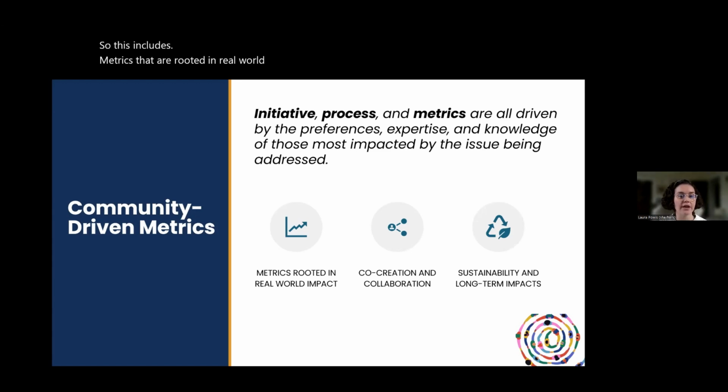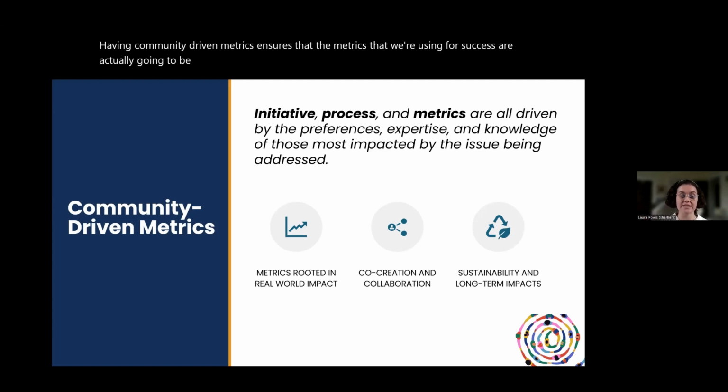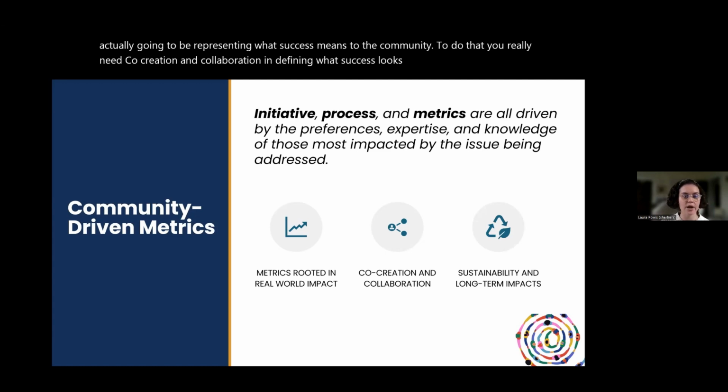Having community-driven metrics ensures that the metrics we're using for success are actually going to be representing what success means to the community. To do that, you really need co-creation and collaboration in defining what success looks like, and this can help to lead to sustainability and long-term impacts of the work overall.